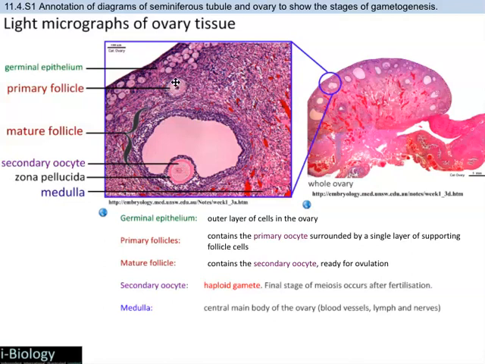This was the primary oocyte, this is the secondary oocyte. You can see the zona pellucida is there as well. And then eventually ovulation occurs. The secondary oocyte is ejected into the fallopian tube, and the second round of meiosis 2 would occur at that point, where we would have the fully matured ovum ready for fertilization.